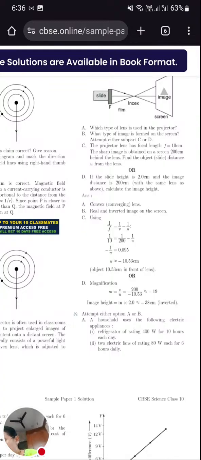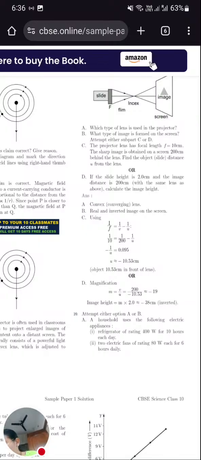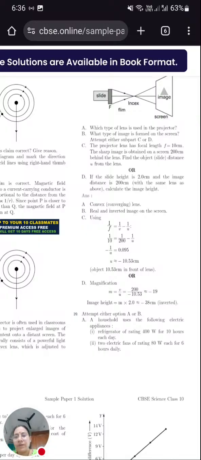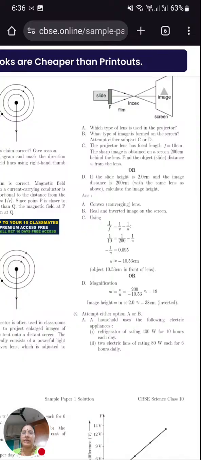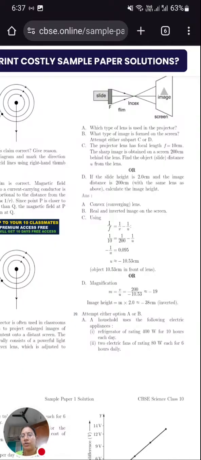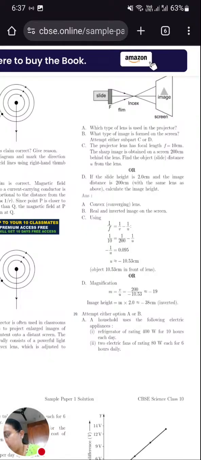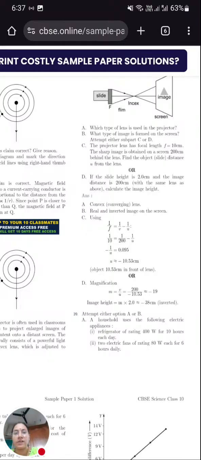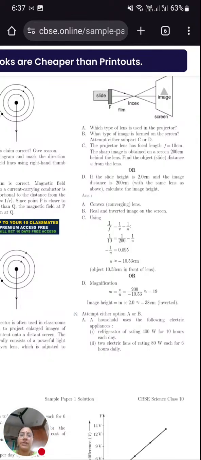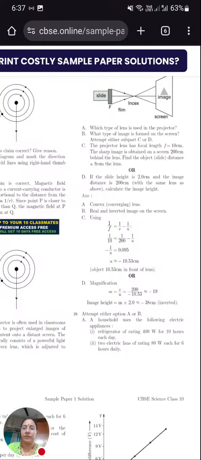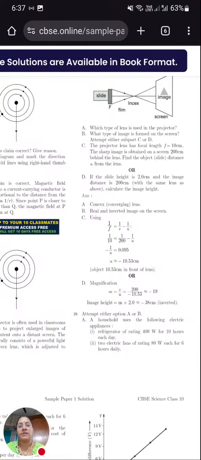Whatever is left over, go through that. Solve the last question. I already shared the link with you. Once you go through the link, first paper only we started today. This is the last question of the first sample paper. If you're not getting it, message me and I'll explain in the next class. We're completing the class now. Whatever is left out, go through that and complete this paper today itself.